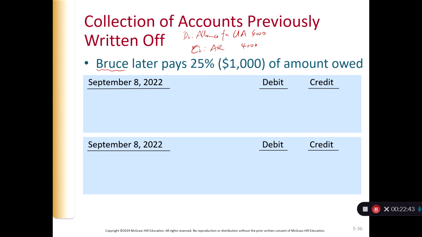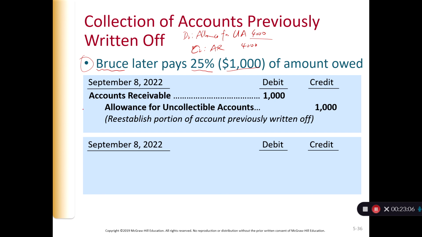When you heard the news of Bruce filing bankruptcy, however, there's a legal process to dissolve Bruce's assets, and later on you find out Bruce can pay you 25% of that $4,000 back, which is $1,000 of what he owed you. In that case, what do we do?